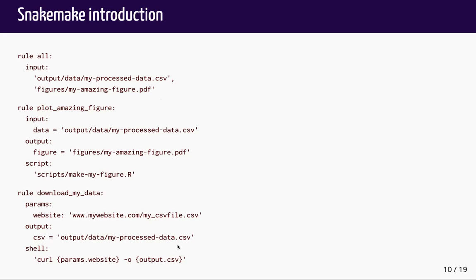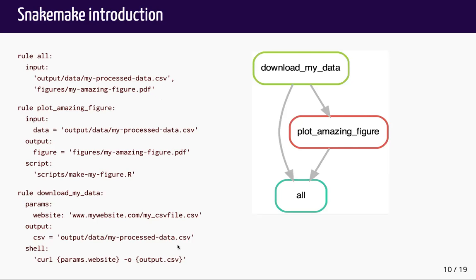And based on this information, it creates a directed acyclic graph where it starts at rule all, it checks, oh, I need this figure to be created. That is created by this plot figure rule, but this plot figure rule needs the process data as input. So actually what needs to run first is download my data. And then when I run the whole pipeline, it starts by downloading the data, plotting it, and then in this case, it's done. But this can be expanded to an arbitrary length.